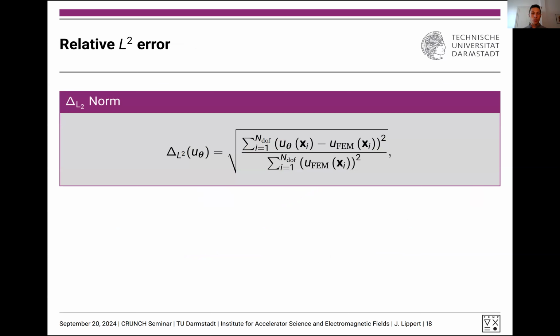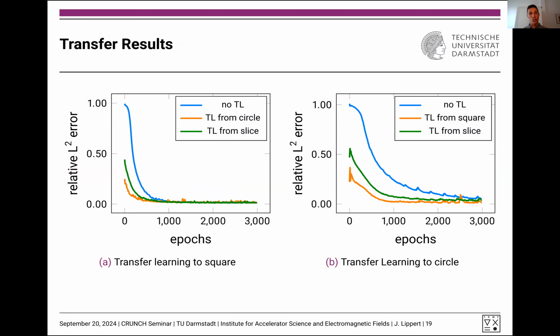Here we used not the same finite element solution, but one that has a finer mesh, so that we could be sure that our results were well evaluated. And those were our results. The blue line represents the case without any transfer learning to compare it to. And the green and the orange case were the transfer learning cases coming from the other two domains.